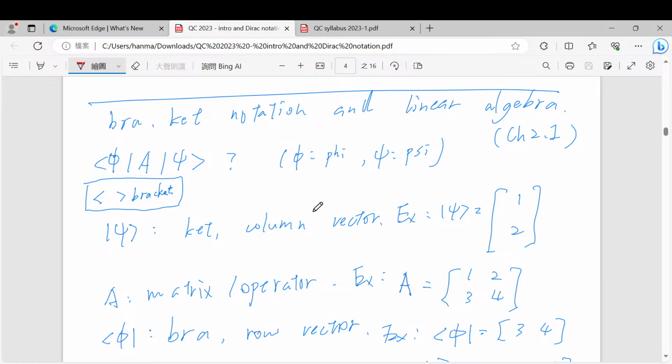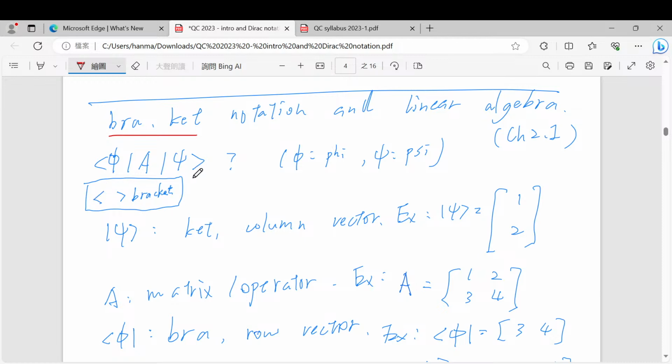But we are using different notation for linear algebra, and we will use this bracket notation. It's called bracket because when you write this thing, it's a bracket.